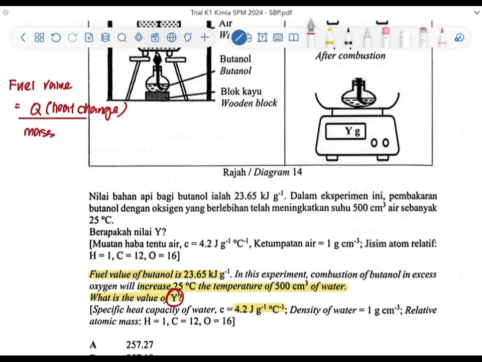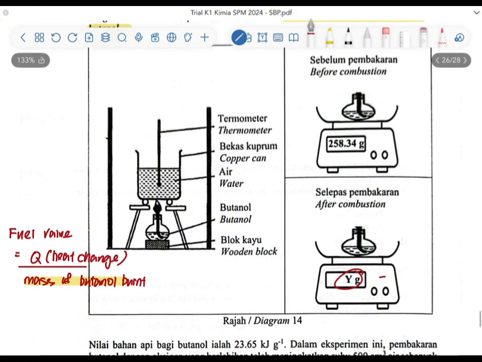In this case, it is the mass of the system burnt, which is the butanol, the mass of butanol burnt. So Y will be equal to the initial mass of the butanol, 258.34, minus the mass of the butanol burnt.